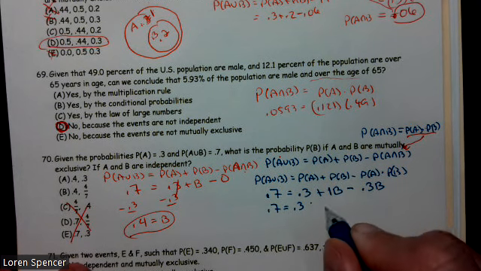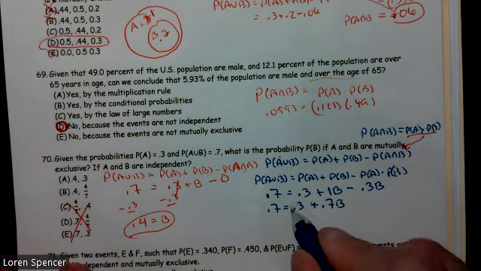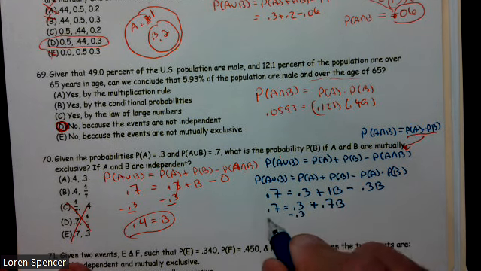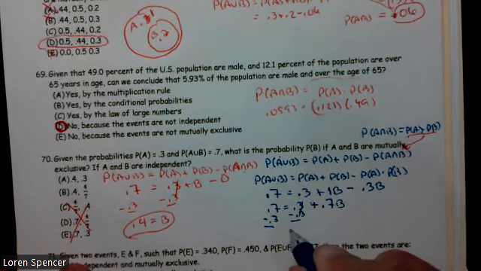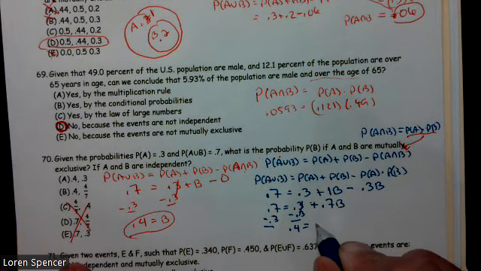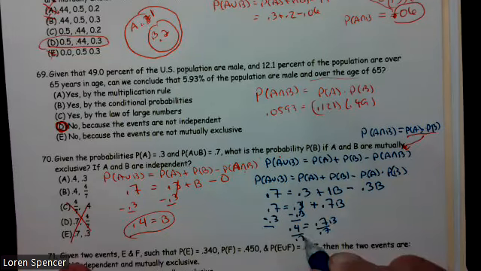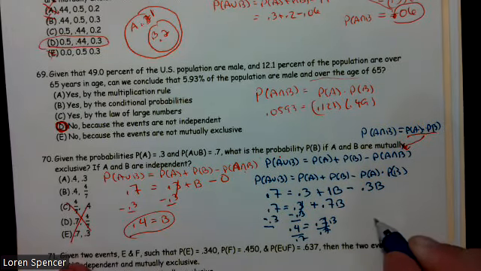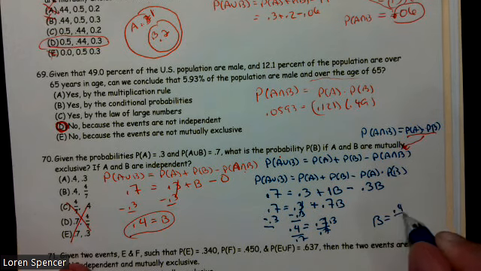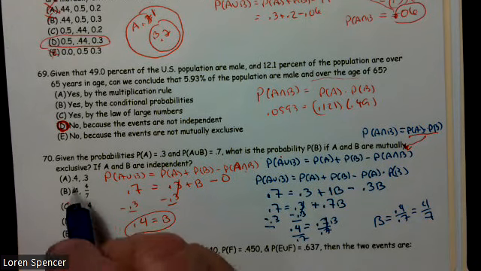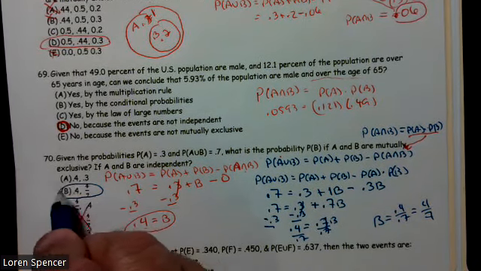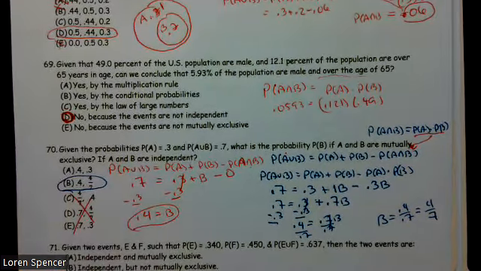What's 1B minus 0.3B? That's 0.7B. I'm going to move this to the other side. And I end up with 0.4 equals 0.7B. Divide both sides by 0.7. And I go, oh, I get B equals 0.4 over 0.7, which is the same as saying 4 over 7. So the answer to 70 is B.